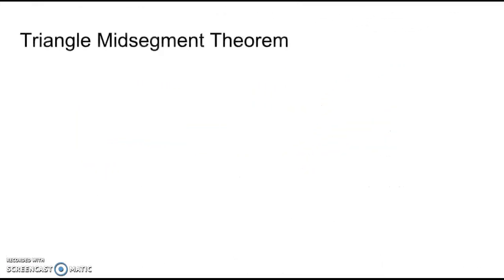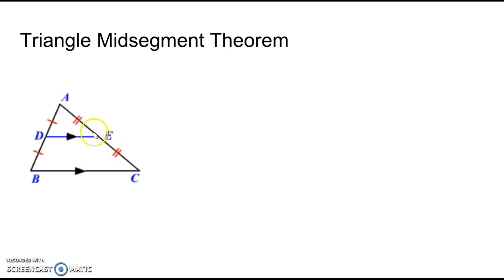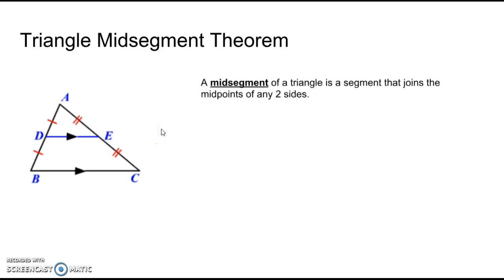We talked about midsegments before in triangles, and we talked about them in trapezoids in chapter 6. Well, because we're dividing these two triangles, the lines are parallel, we have similar triangles, which means that AD to DB, a midsegment of a triangle, is a segment that joins the midpoints of any two sides.